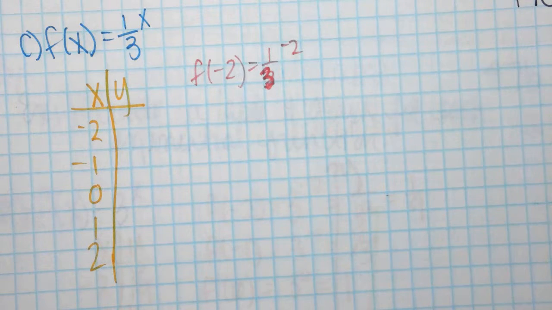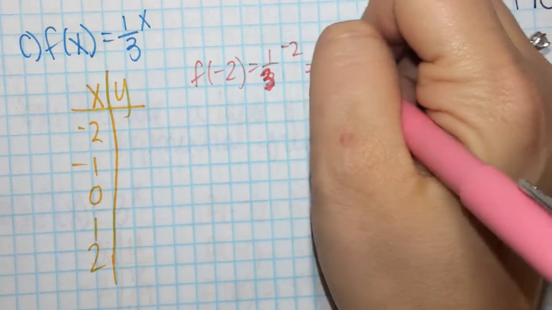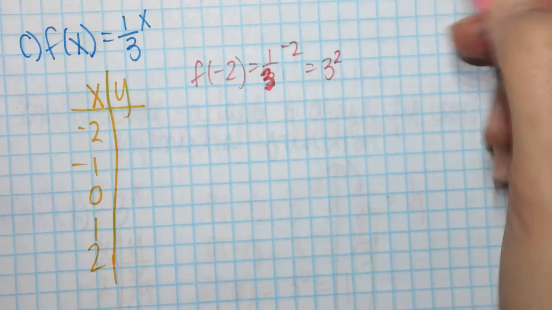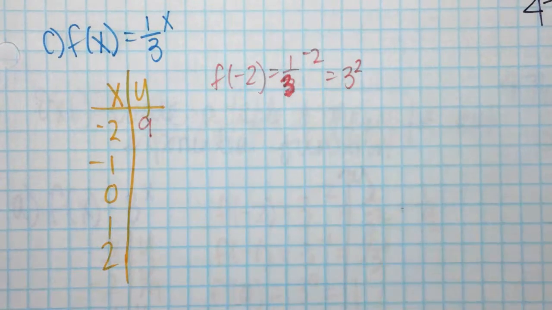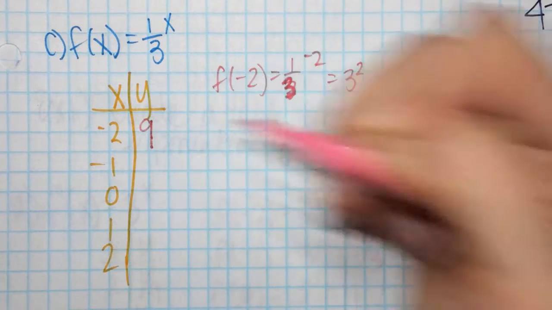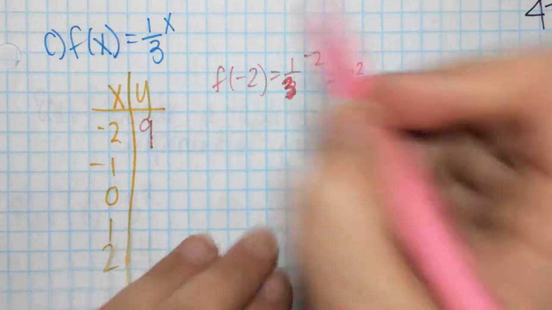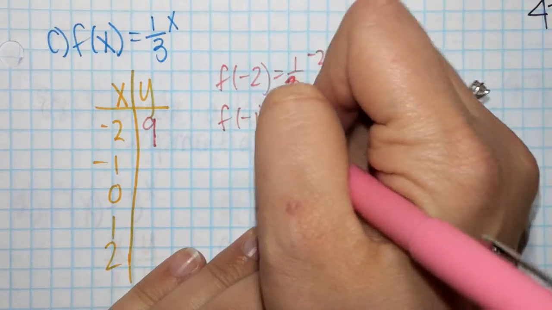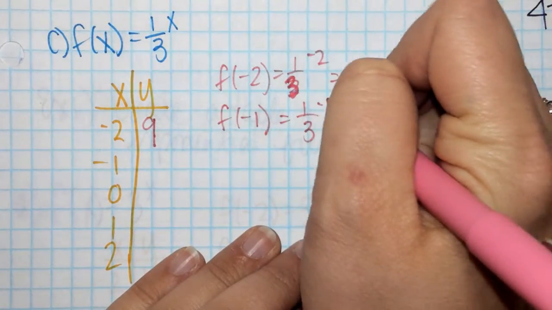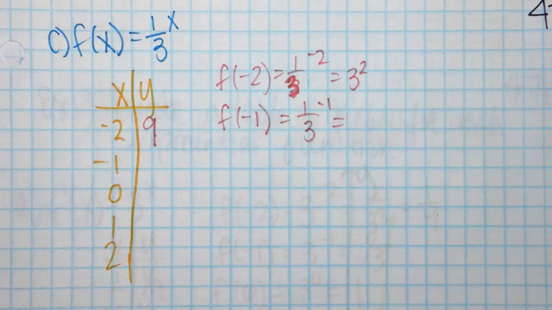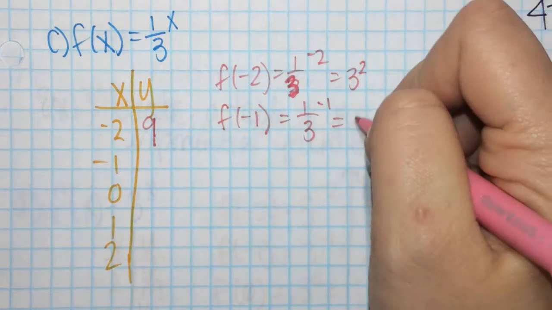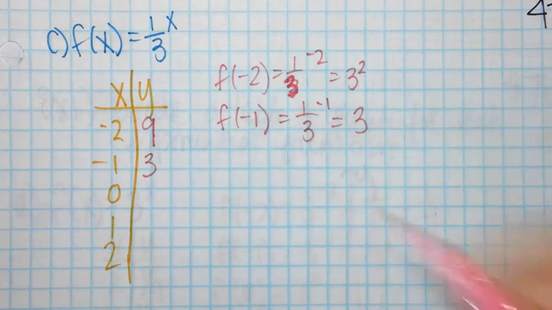No, you have to flip it, and it becomes 3 squared. What is 3 squared? 9. Then we plug in -1. Can we have a negative exponent? So what do we do? So it becomes 3.